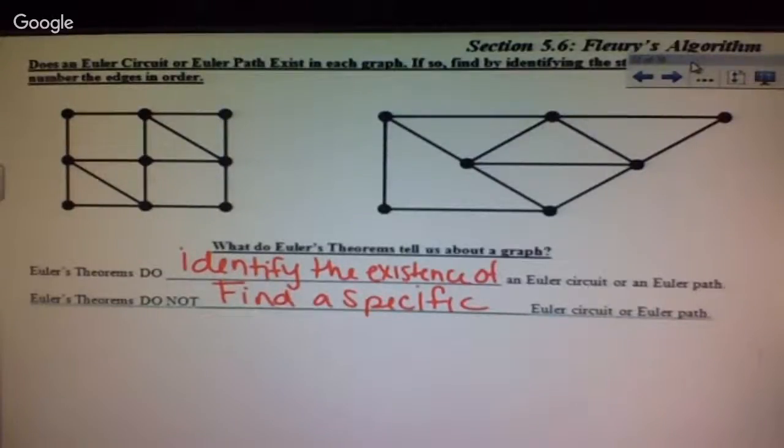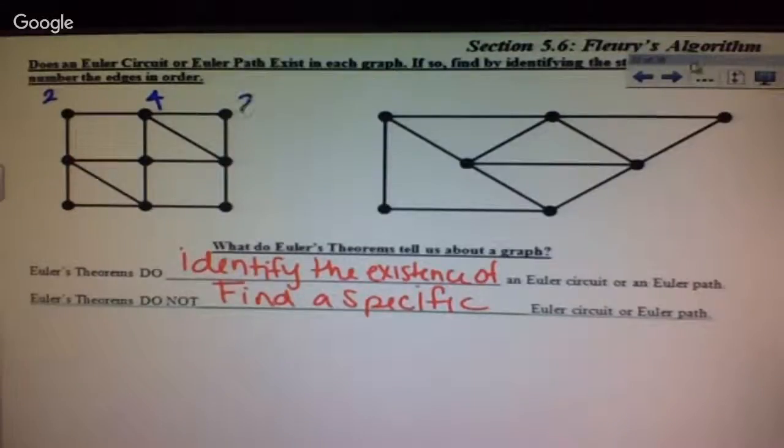So the way that you do that, okay, this is the last bit. First thing you want to do is number the degrees of each vertex, okay? So you're going to come to this graph and say, okay, this has a degree of 2. This has a degree of 1, 2, 3, 4.